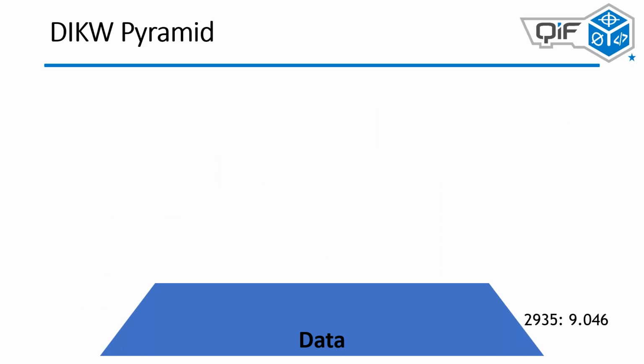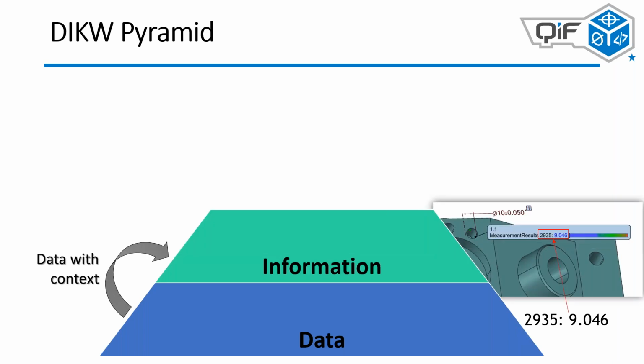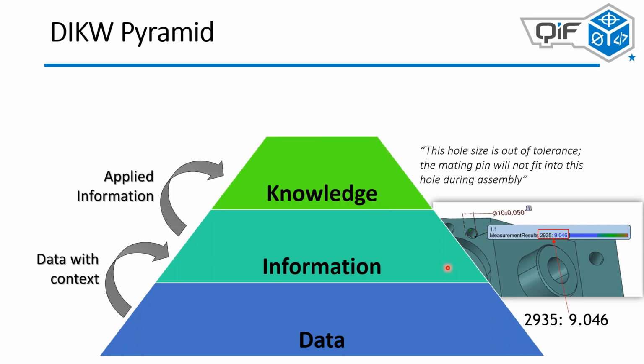So let's look at data, information, knowledge, and wisdom. Some of you may be familiar with this pyramid, where on the base you have some type of data. It's just raw data. We don't know what the context is, but the minute you put it into some type of context, you have information. And that information, if you apply it, becomes knowledge.